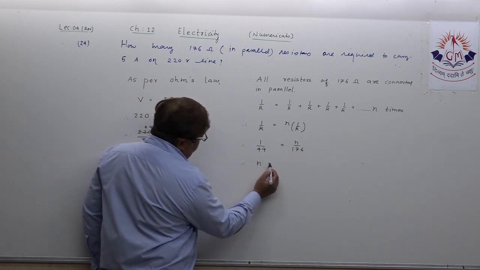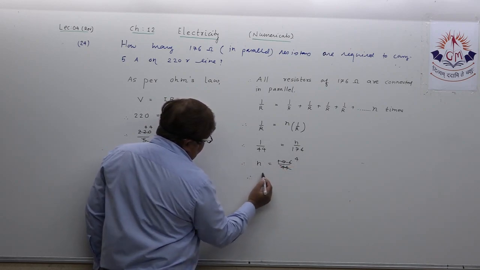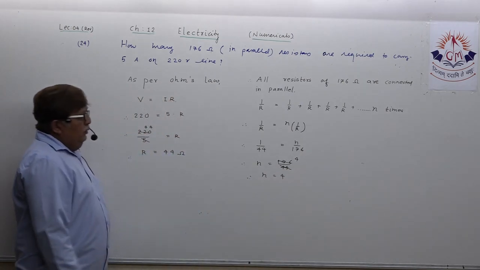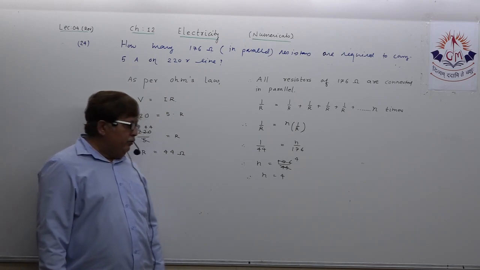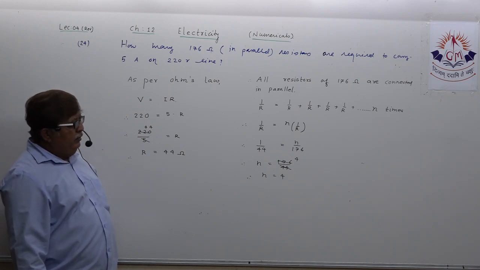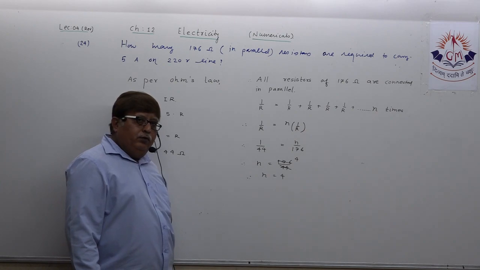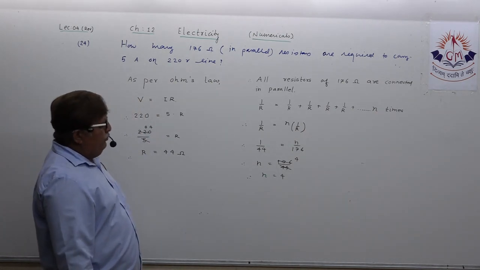So simply, dear student, 176 upon 44 cancel. So n equals 4. So you need to connect how many resistors of 176 ohm in the circuit in parallel? 4 resistors need to be connected. You understood this, right?